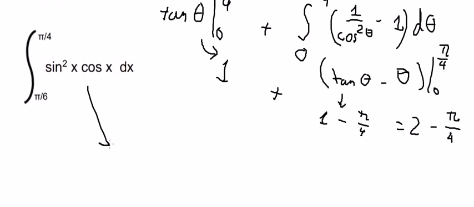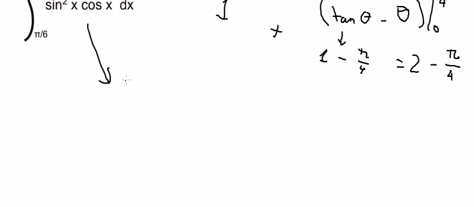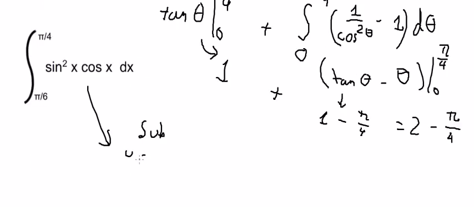And the last one we have sine s squared and cosine s ds. We can use substitution, and we put u equal to sine s, so you get du equal to cosine s ds.